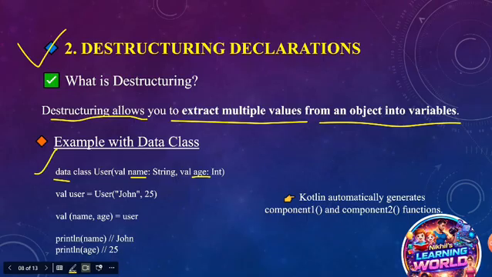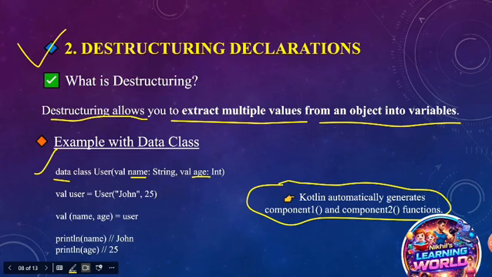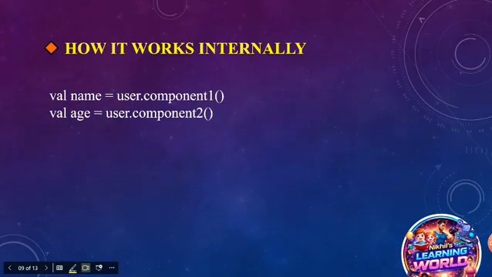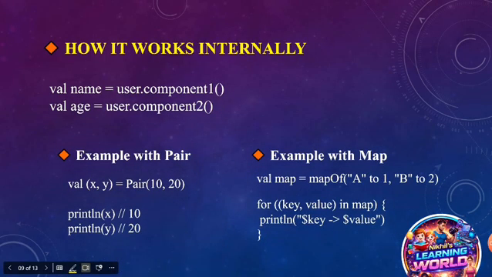Kotlin automatically generates the component1 and component2 functions. Internally, it works like name equals user.component1() and age equals user.component2(). For example with a pair, val x, y equals Pair(10, 20), and print x and print y. It will print 10 and 20.